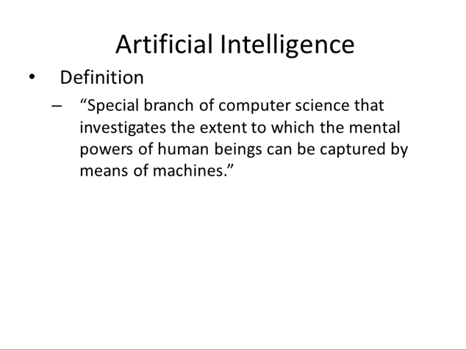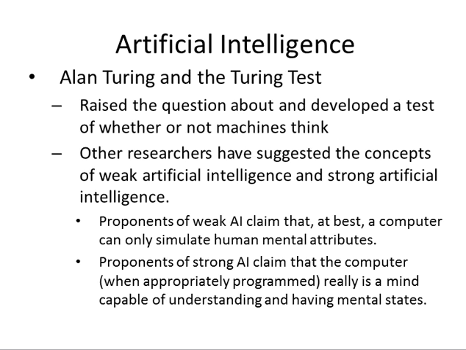Then we have the idea of artificial intelligence, a special branch of computer science that investigates the extent to which the mental powers of human beings can be captured by means of machines. Alan Turing and the Turing test. Alan Turing raised the question about and developed a test of whether or not machines think.